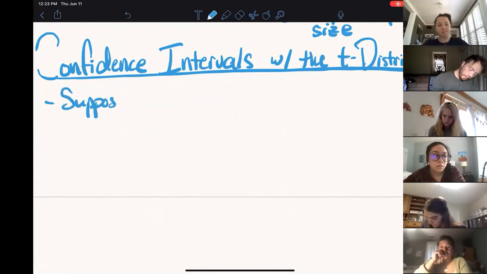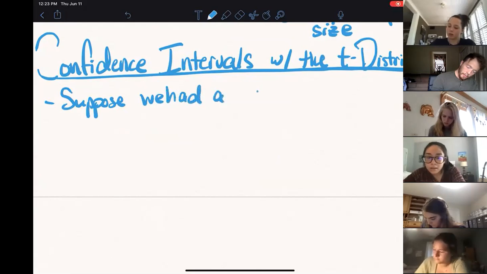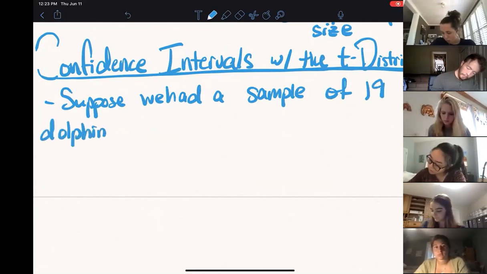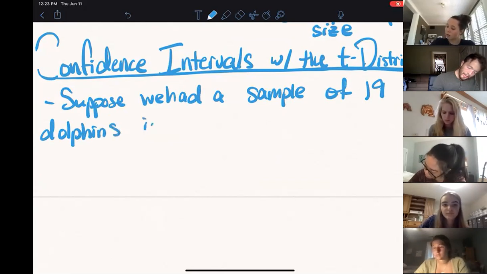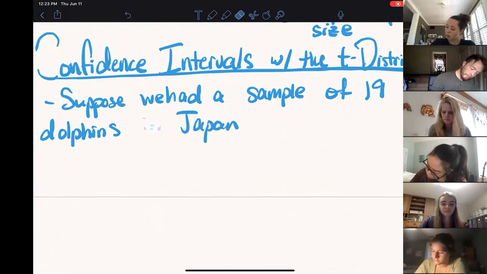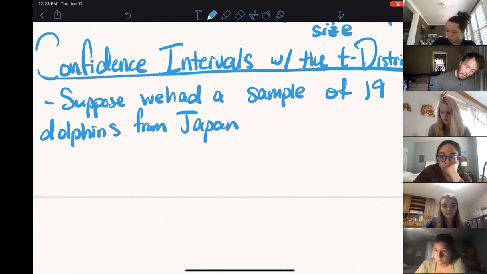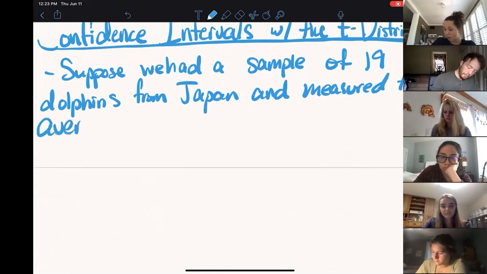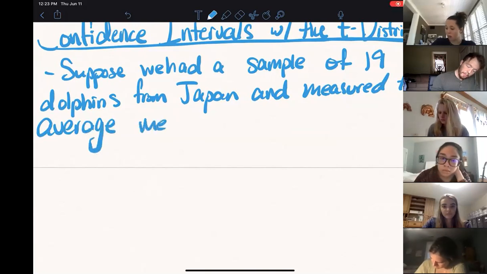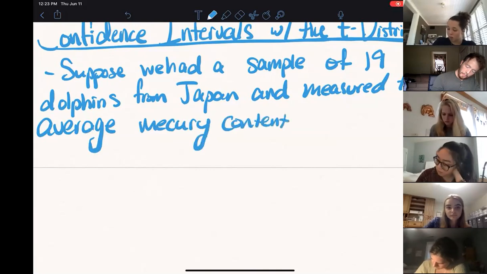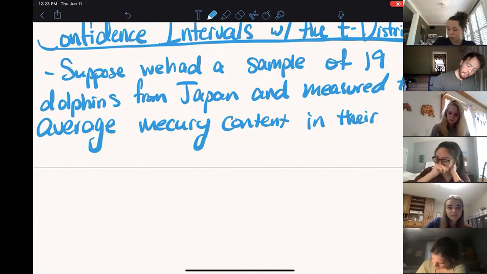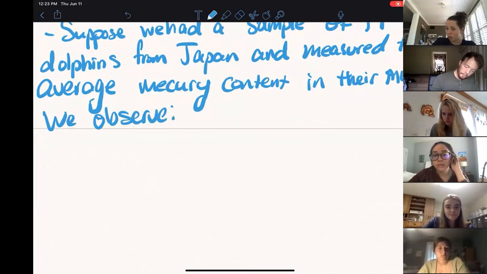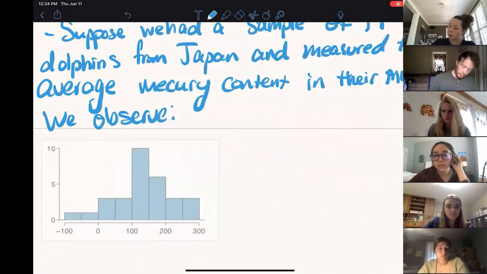Suppose we had a sample of 19 dolphins from Japan, and measured the average mercury content in their muscles. We observe the following.